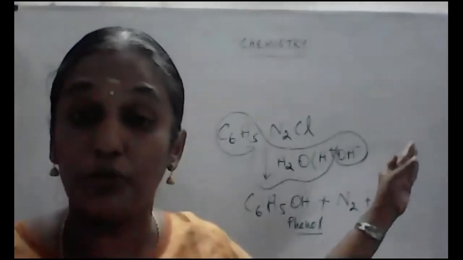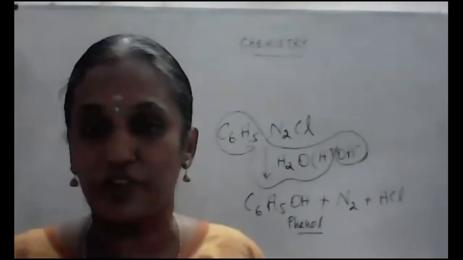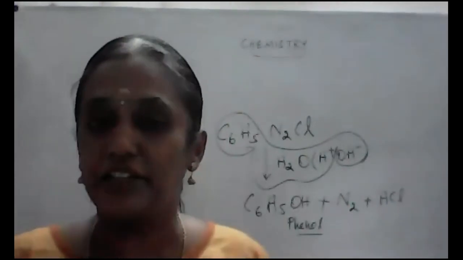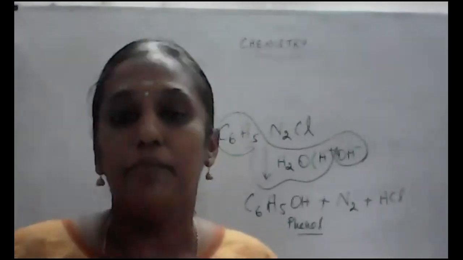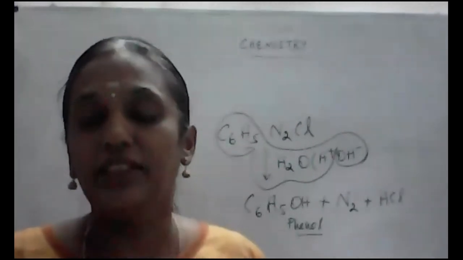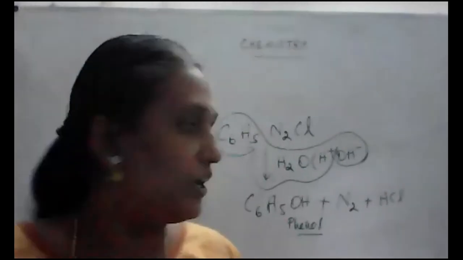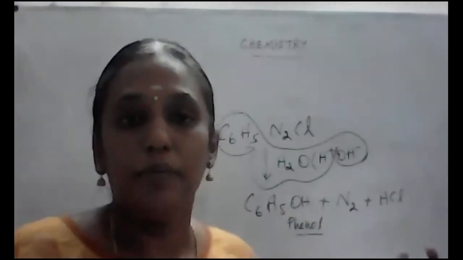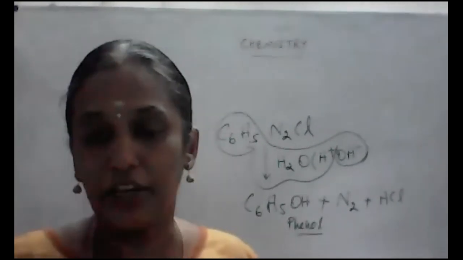This is also an industrially important compound because plenty of compounds can be prepared from it. We will learn that in nitrogen compounds, so don't worry about it. Phenol can also be prepared from benzene diazonium chloride. When it is made to react with steam, we get phenol plus nitrogen plus HCl. That's it. Thank you.